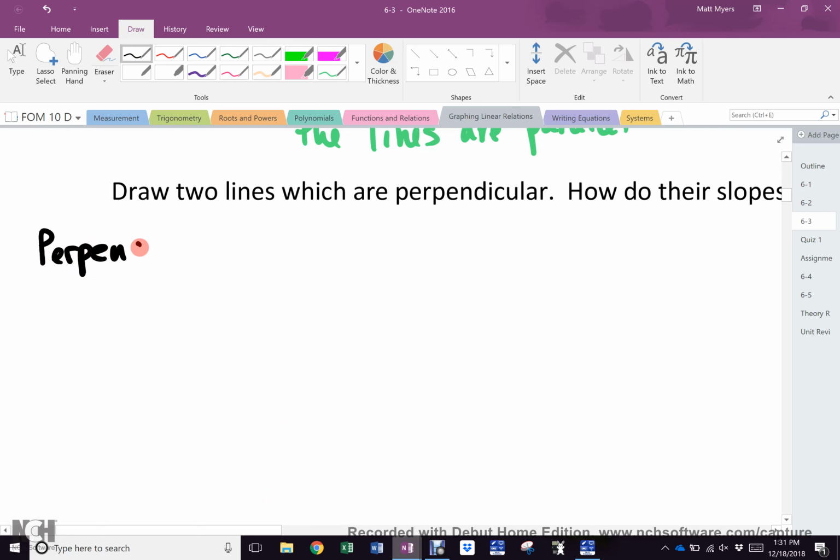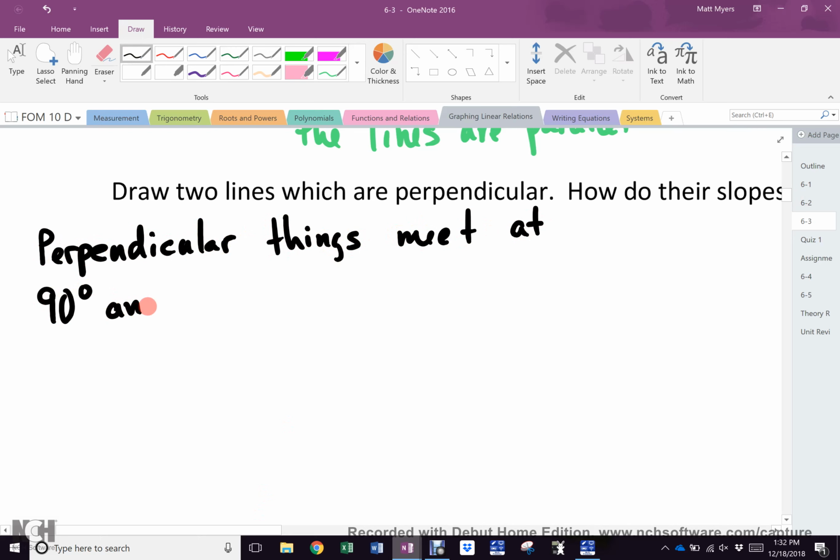What is slope always? Rise over run. How far did I go up there, Ethan? 1, 2, 3, 4, 5, 6, 7, 8. Correct? How far did I run? Nowhere. Nothing. 8 over 0, which is why it's undefined, right? Because I can't divide by 0. Everyone cool with that? Yeah?